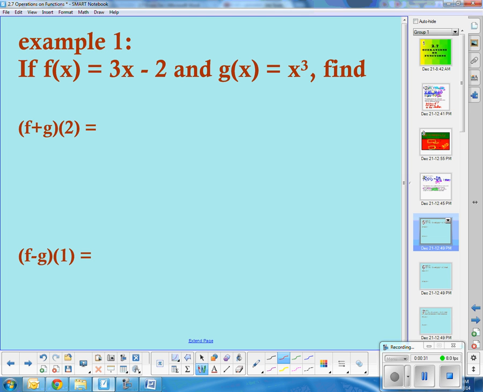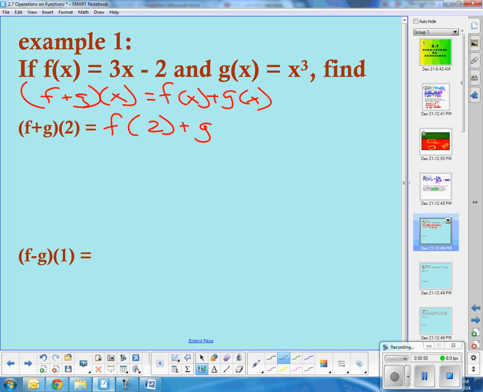So our definition of addition says f plus g of x is equal to f of x plus g of x. So f plus g of 2 would become f of 2 plus g of 2. F of 2 is (3 times 2 minus 2), plus (2 cubed).